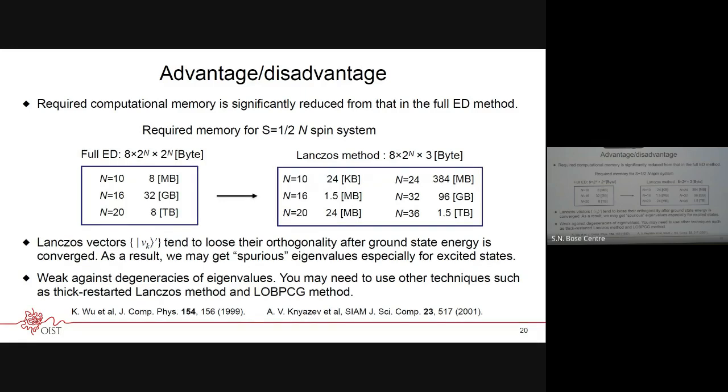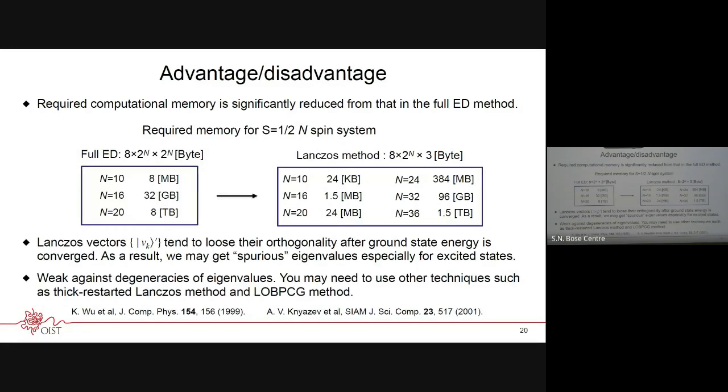But in the Lanczos method, we just have to keep 3 vectors at the same time in our computer, so the memory is reduced. For example, for a 20-site cluster, we just need 24 megabytes. But unfortunately, we cannot avoid the exponential growth of the Hilbert space with increasing system size.